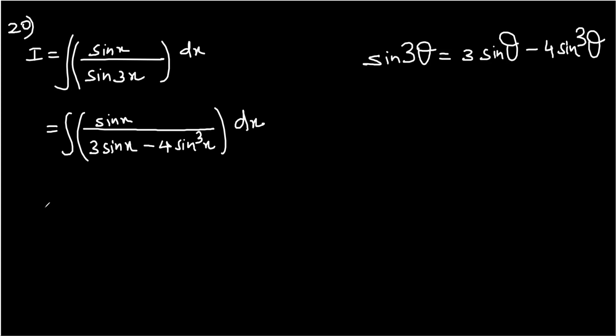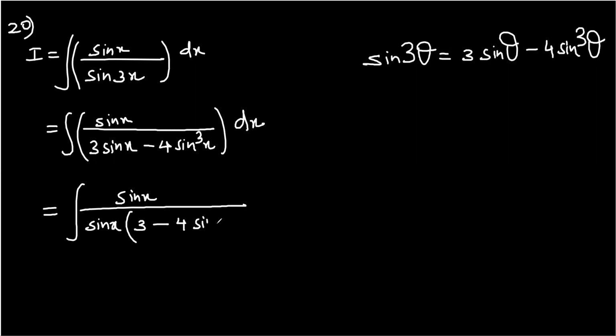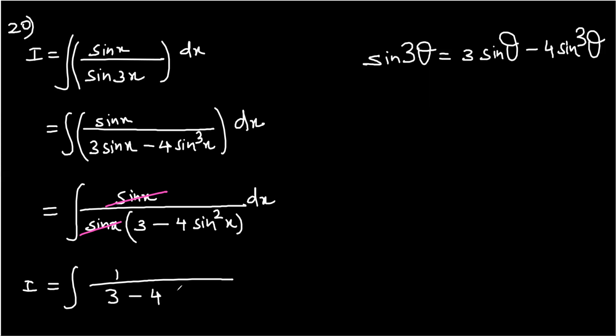Now what I do is I take sine x common from the denominator. When I take sine x common, I get 3 minus 4 sine square x dx. So this sine x and this sine x cancel. So I equals 1 upon 3 minus 4 sine square x dx.